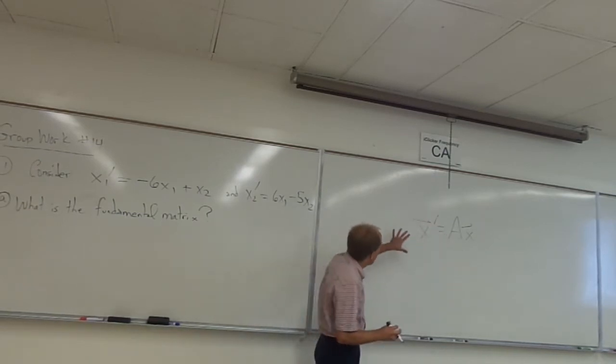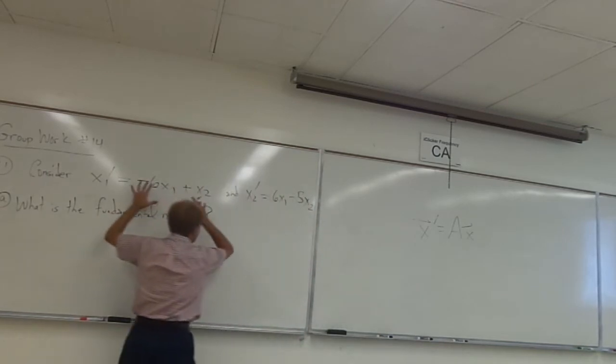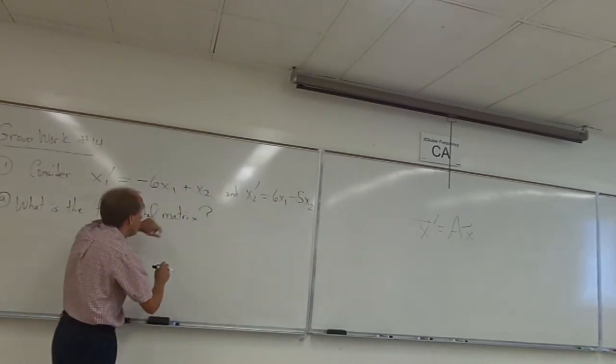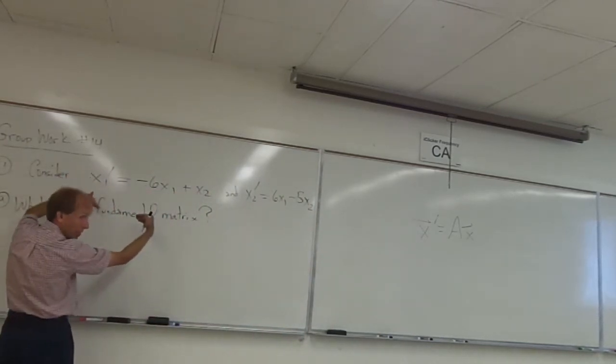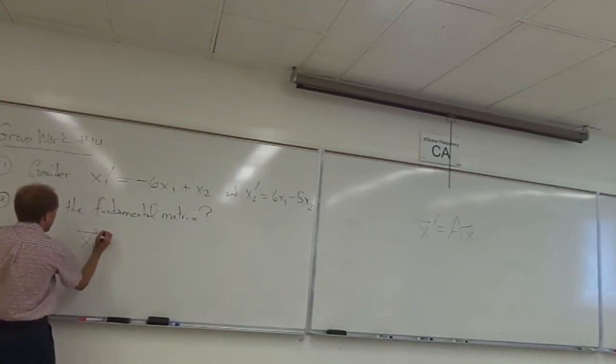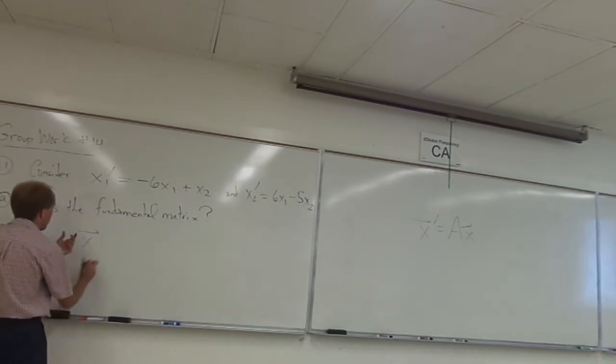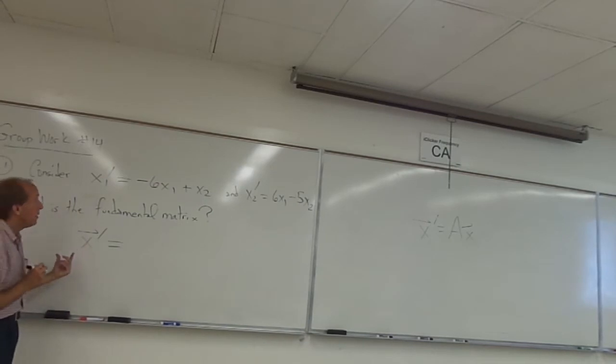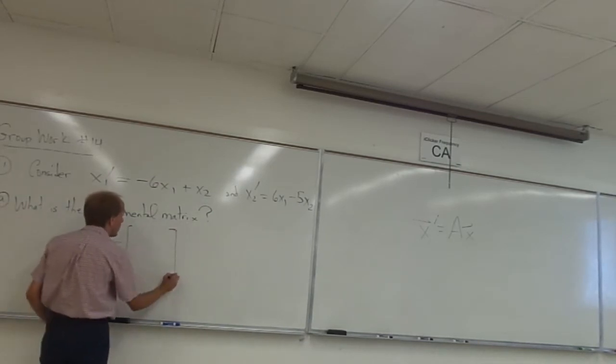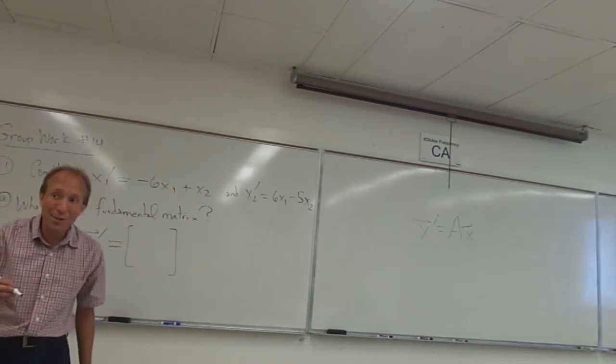You see, you can take these two equations and put one of them above the other one, and then you see that you just have x prime, right? And can somebody tell me, is there a capital A matrix that you see there?